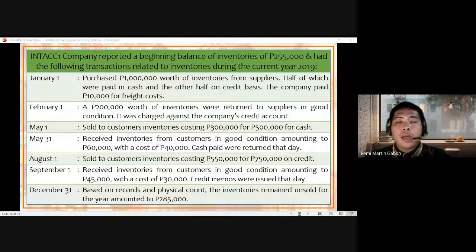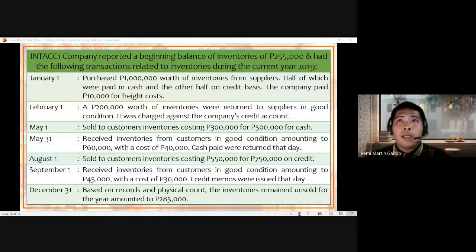A credit memo is actually a letter or a notice being sent to the customers that their accounts had been decreased because of the return. So, nag-i-issue yung company ng tinatawag na credit memos.